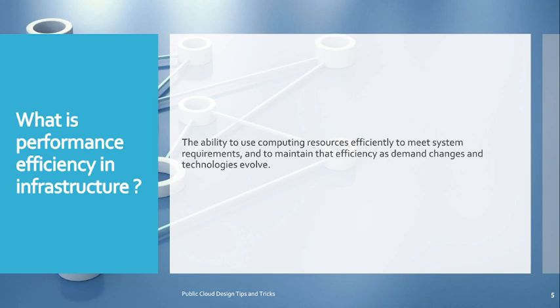Based on the demand and the technology, you should be able to adopt it and use it efficiently so that you maintain the cost, the complexity, and handle the operational challenges. That is where performance efficiency comes into the picture.